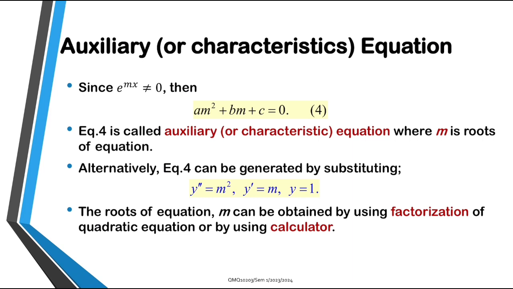The roots m can be obtained by factorization of the quadratic equation or by using a calculator. You can use factorization or the quadratic formula: minus b plus or minus the square root of b squared minus 4ac, divided by 2a. It is also faster if you know how to use the calculator.